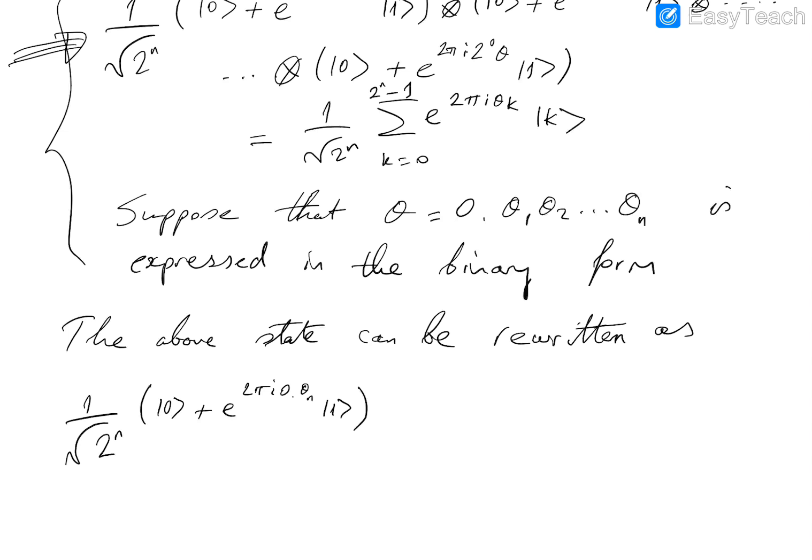So in the first qubit, the phase is just approximated up to the n significant bits.